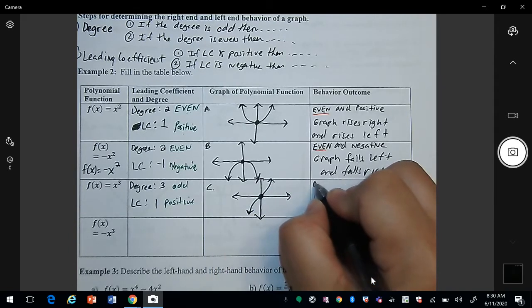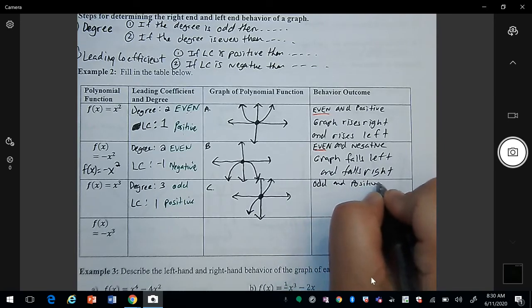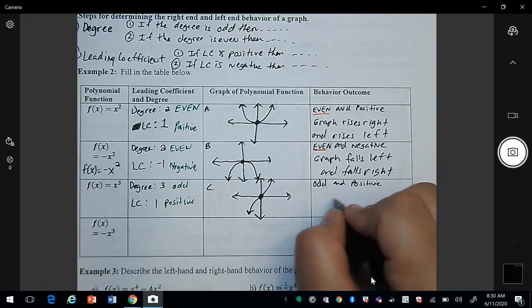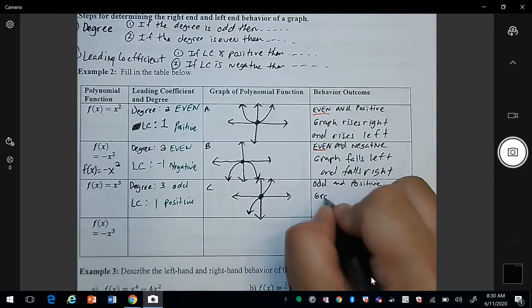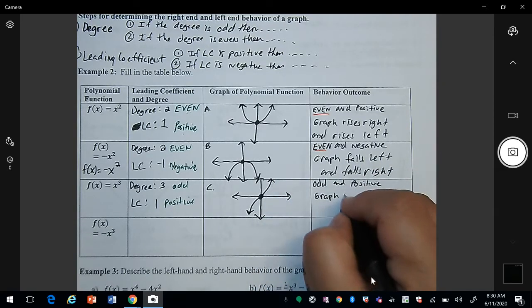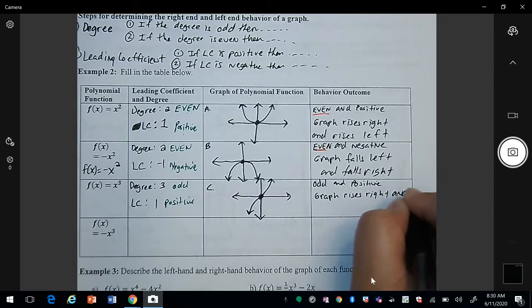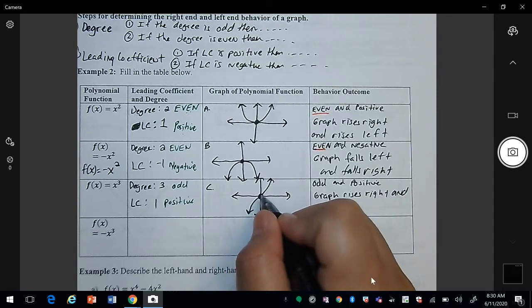So if we have an odd degree with a positive leading coefficient, then we say that the graph to the right, you can see that it's rising. Graph rises right. And to the left, we can see the graph is falling.